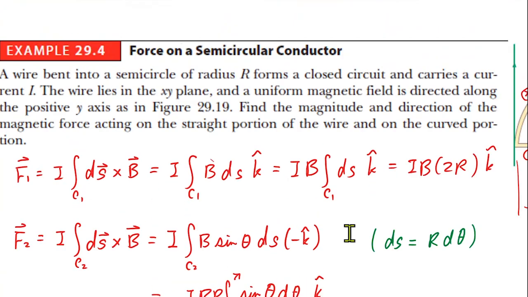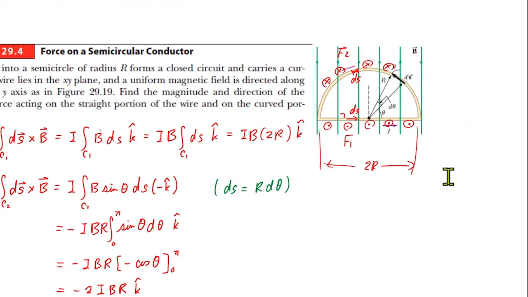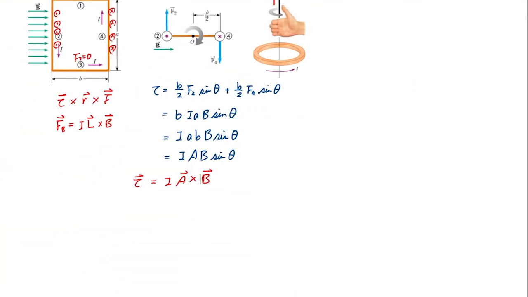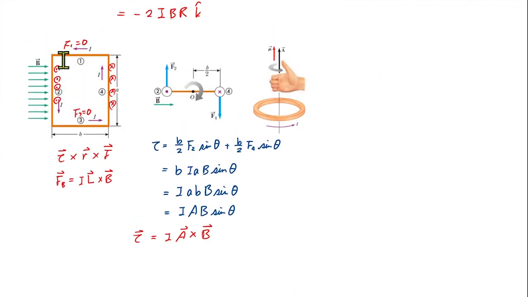Well, here's an insight. Remember this problem? Yeah, the force acting on this wire throughout the integration happens to be exactly the same as this. So it doesn't matter what shape of wire we have, it will still be exactly the same. So this actually works for any shape of wire. If there's a loop inside the magnetic field, then there will be a torque.